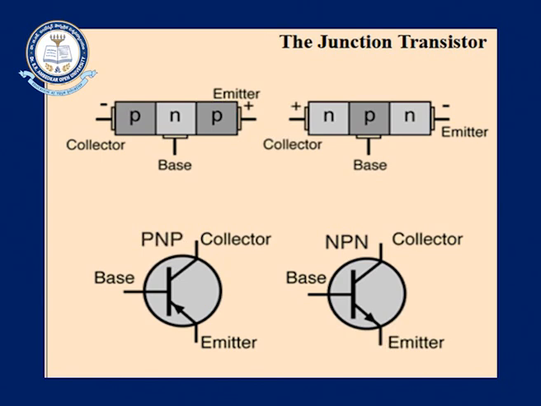So in this PNP transistor, we have 2 PN junction diodes, and so 2 depletion regions are forming. Where are these 2 depletion regions forming in this image? One depletion region is forming across PN, another across NP. If a depletion region is there, some potential barrier will be produced. That is about the PNP transistor.